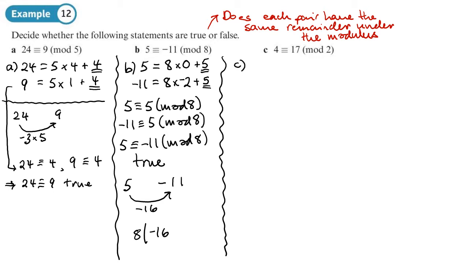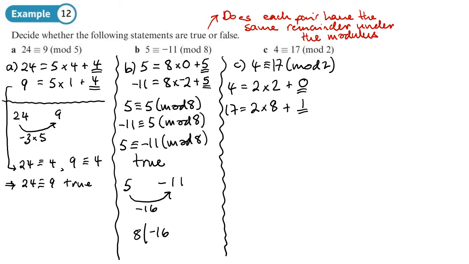So let's go on to C, 4 congruent to 17 mod 2. So we're going to see if this statement is true. 4 under modulus 2 is equal to 2 times 2, no remainder. 17 is equal to 2 times 8 with a remainder of 1. 4 is congruent to 0 in mod 2. 17 is congruent to 1 under mod 2.